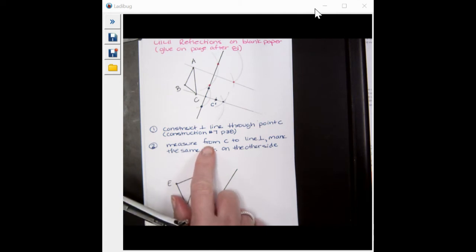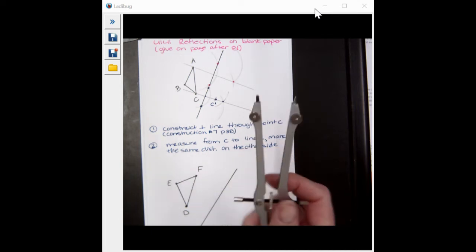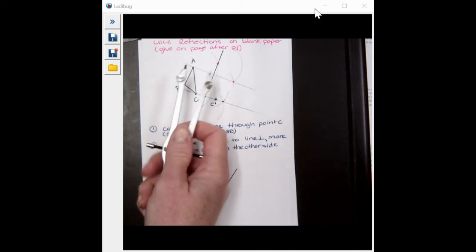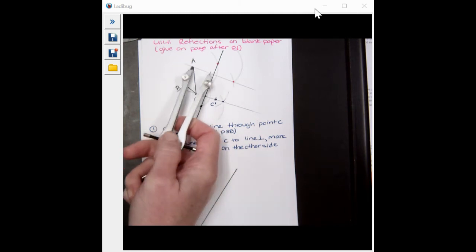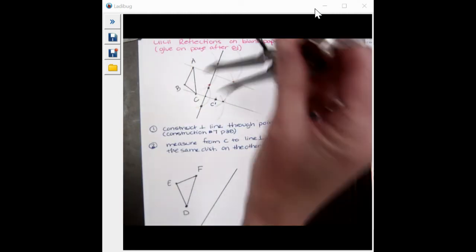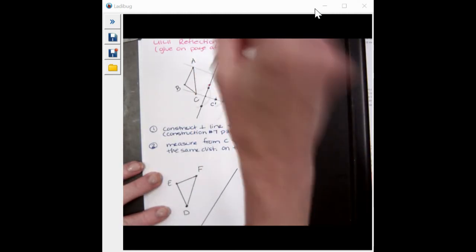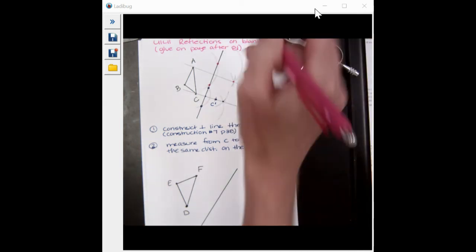I'm still going to measure from point A to the line of reflection to find out where to mark it. So I'm going to measure from A to my line of reflection, and A prime should be the same distance on the other side. So when I flip it and I measure, what do you know? My original point is also my A prime.